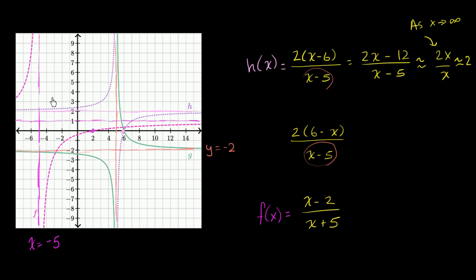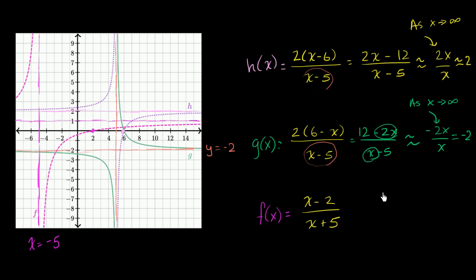Now, g, if we just use our deductive reasoning, hopefully this is our g of x. Does this make sense? G of x is equal to 12 minus 2x over x minus 5, which is approximately, looking at the highest degree terms, negative 2x over x as x approaches infinity, so we approach negative 2.